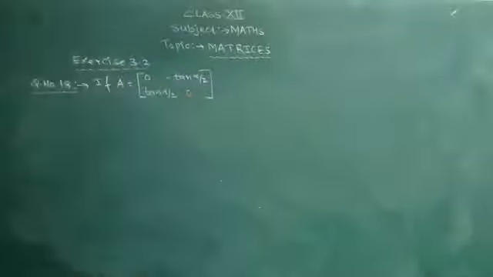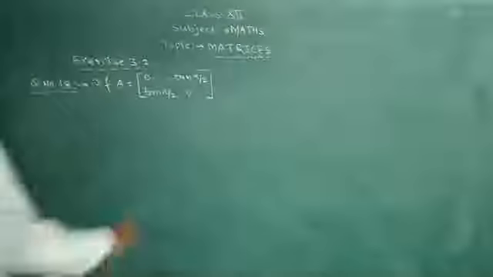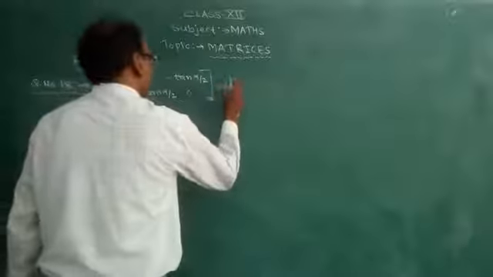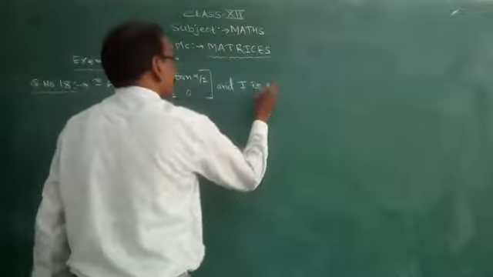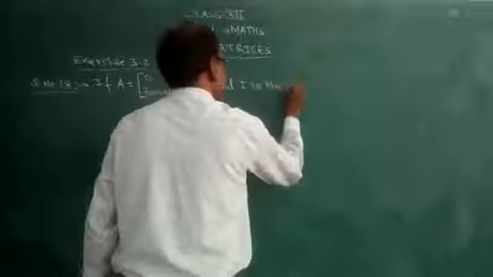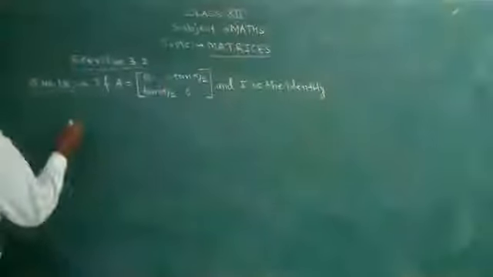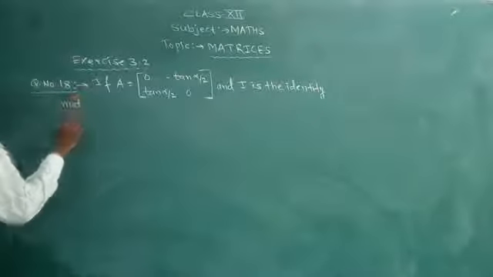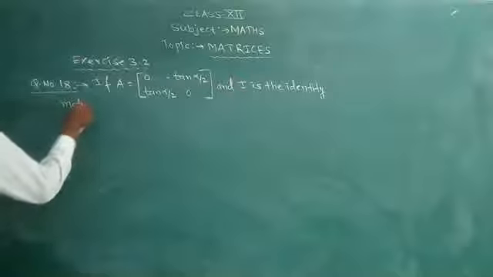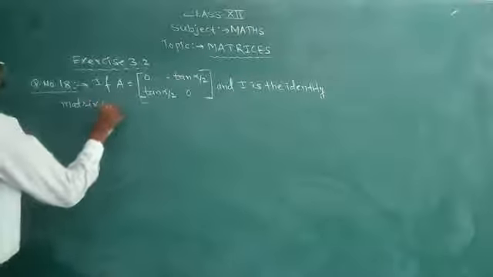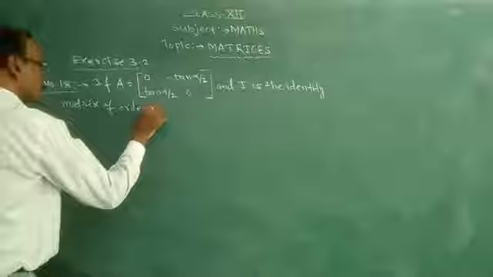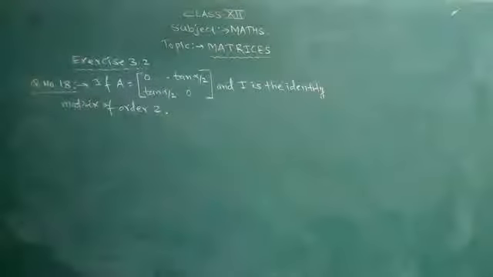This is your matrix A, and I is the identity matrix of order 2, suppose.